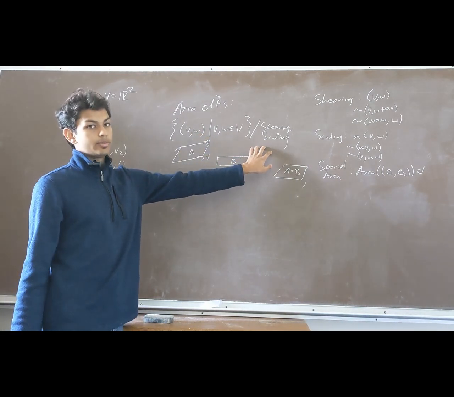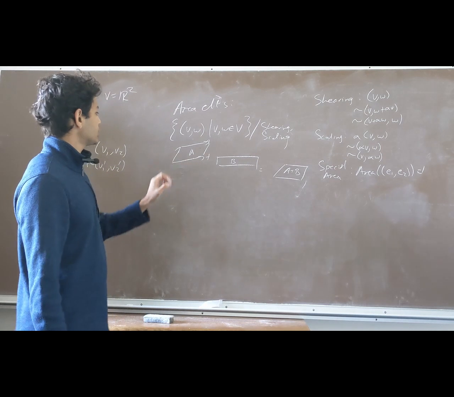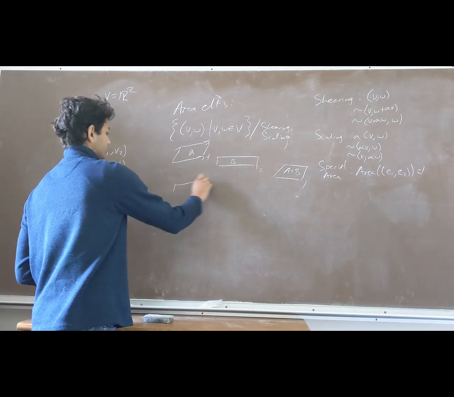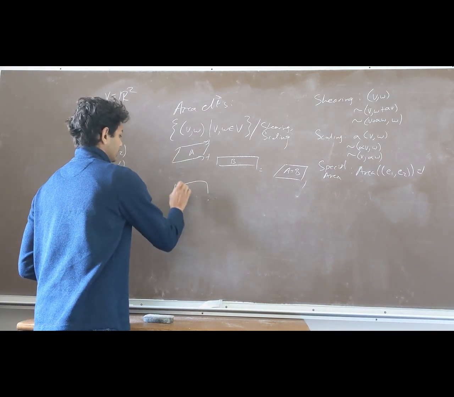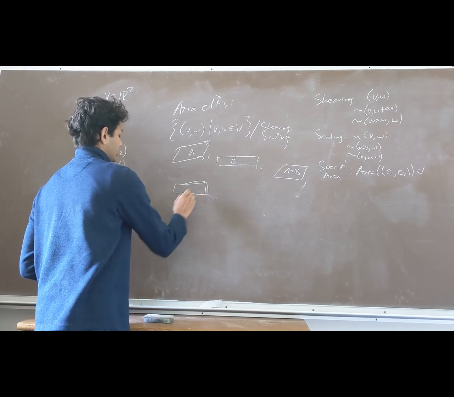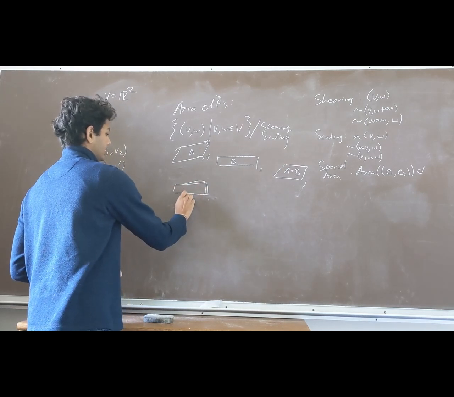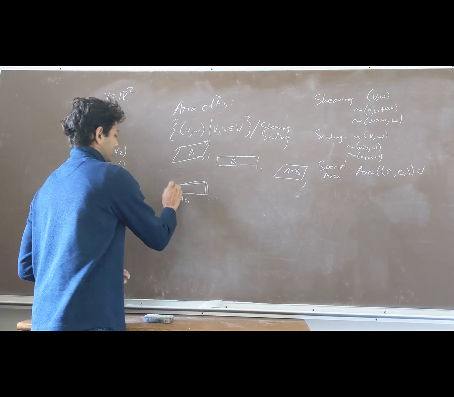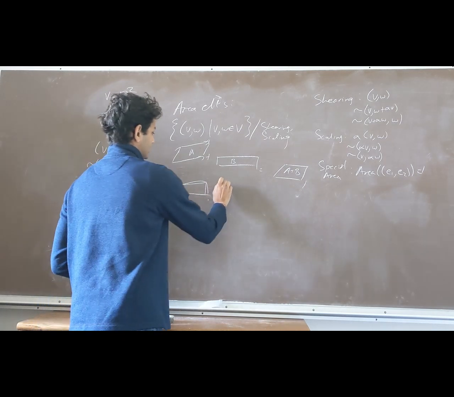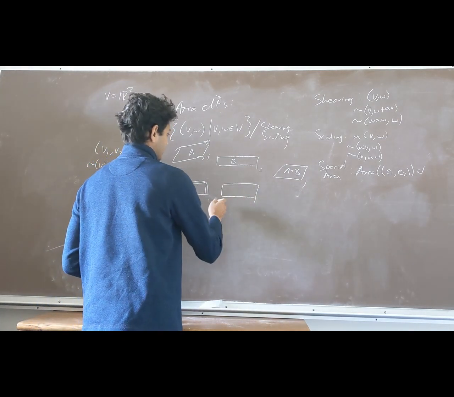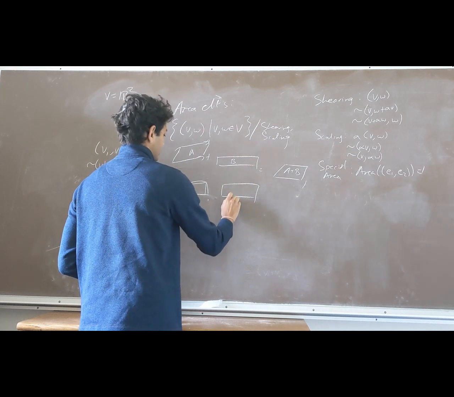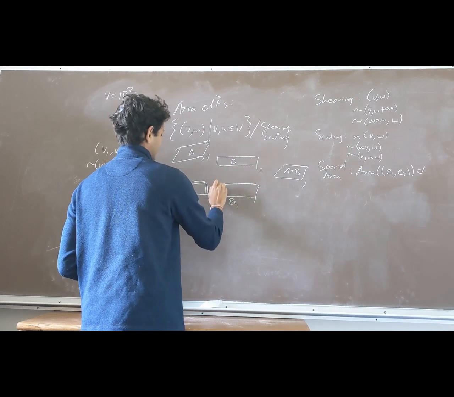But the nice thing is that we're looking at not just pairs of vectors, but pairs of vectors up to equivalence. So we can change our first parallelogram into some other parallelogram which, say, has a width of A times E1 and a height of E2. And our second one we can change using shearing and scaling to get something which looks like B E1 and E2.